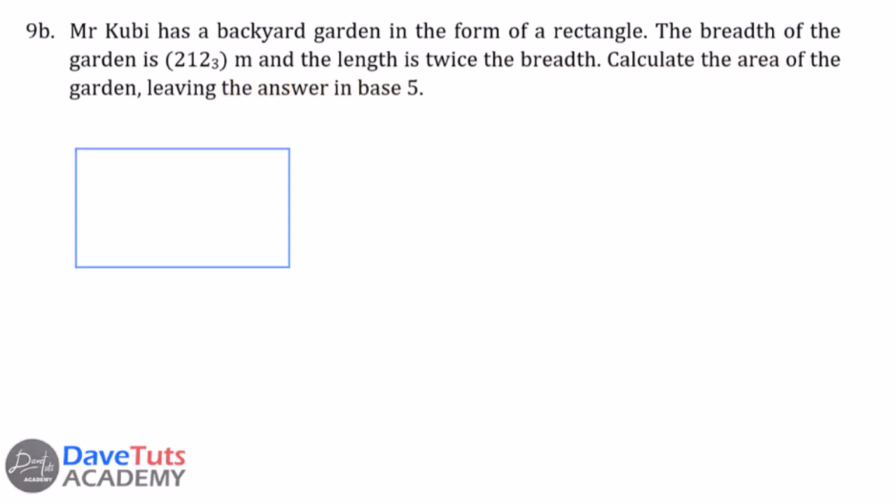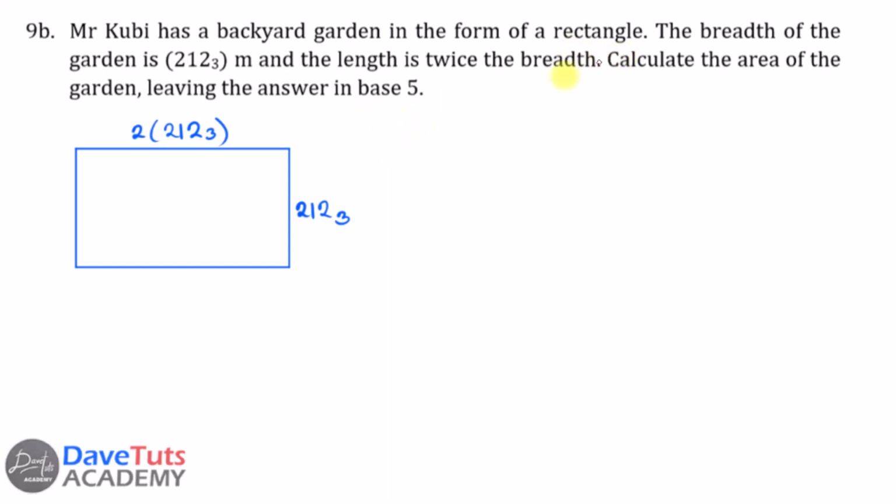So let's have a pictorial view of what we are being told here. First and foremost, the breadth of the garden is 212 base 3, and then the length is twice the breadth, so this is nothing but 2 multiplied by 212 base 3. We have to calculate the area of the garden and leave the answer in base 5.